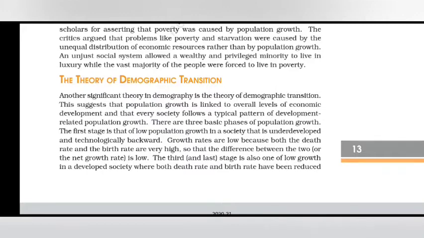The theory of demographic transition. Another significant theory in demography is the theory of demographic transition. This suggests that population growth is linked to overall levels of economic development, and every society follows a typical pattern of development-related population growth. There are three basic phases of population growth.